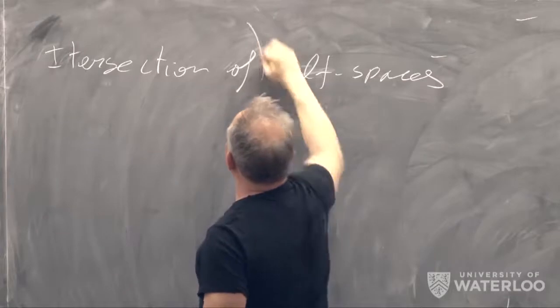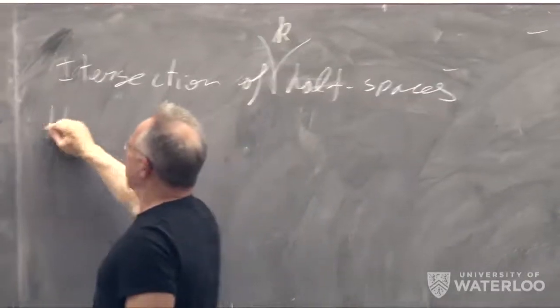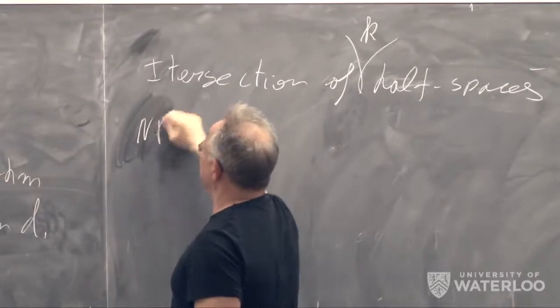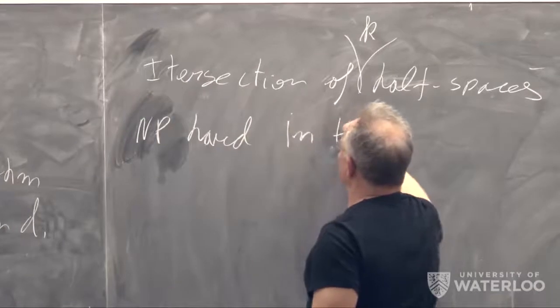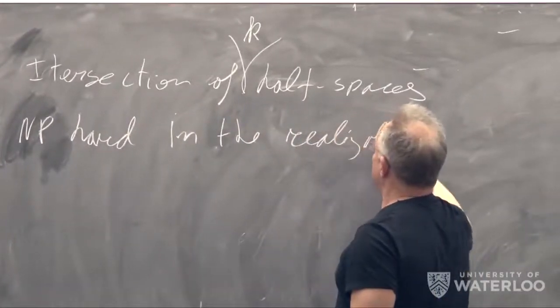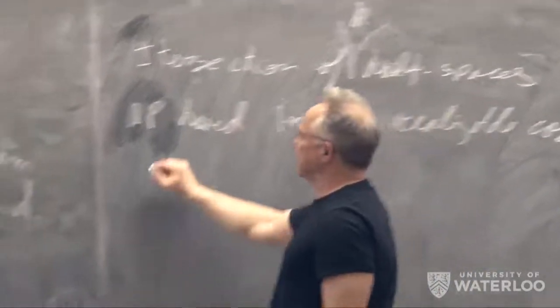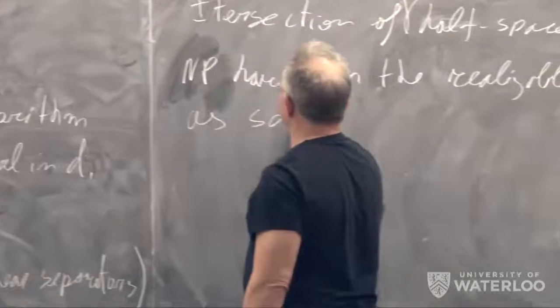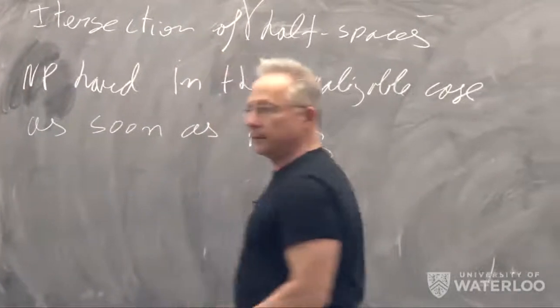So say intersection of k half spaces, and this is going to be NP-hard in the easiest realizable case as soon as k is at least 3.